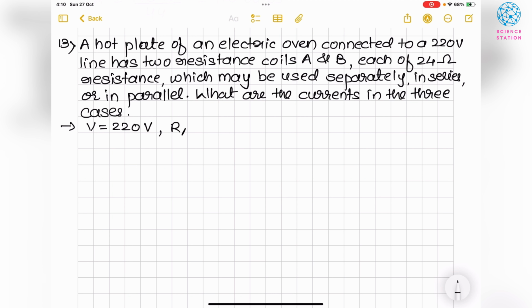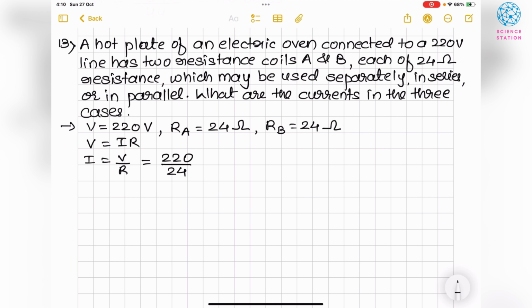So RA is 24 ohms. RB is also 24 ohms. So V equal to IR. So I will be equal to V upon R. So that is 220 upon 24. So that comes as 9.1 ampere when separately used.